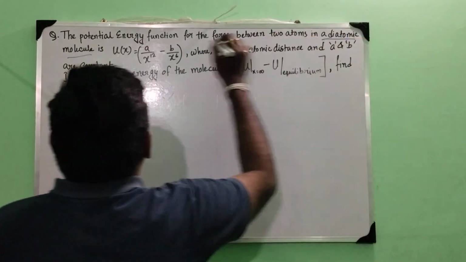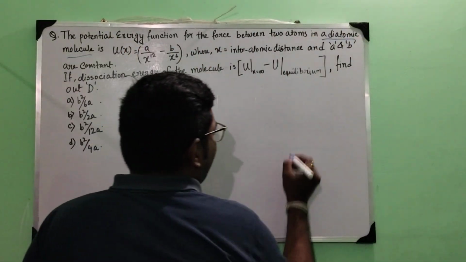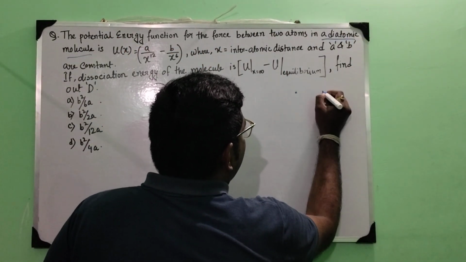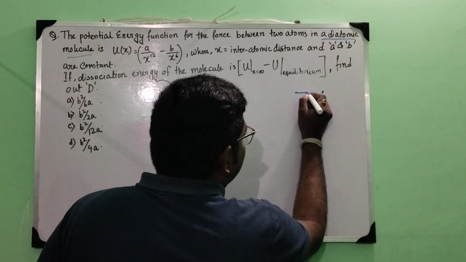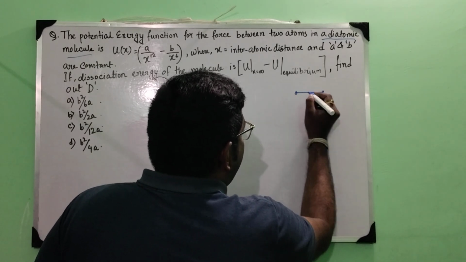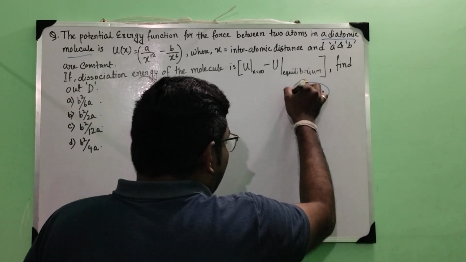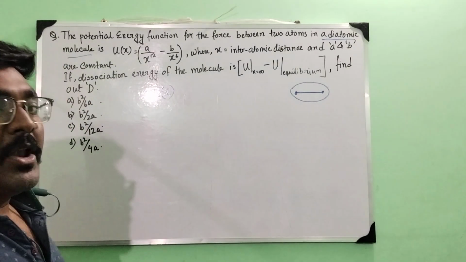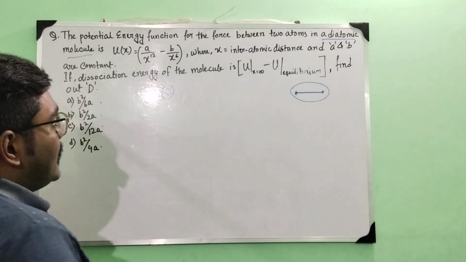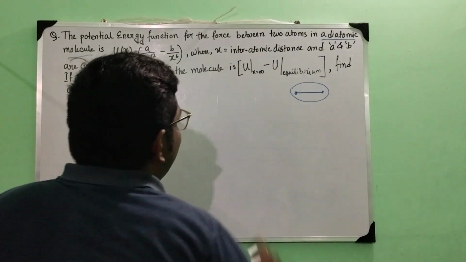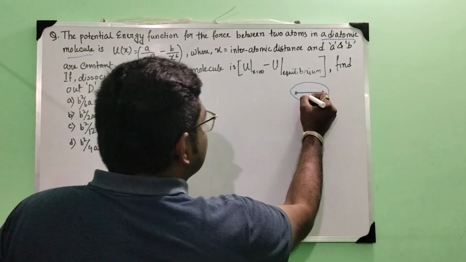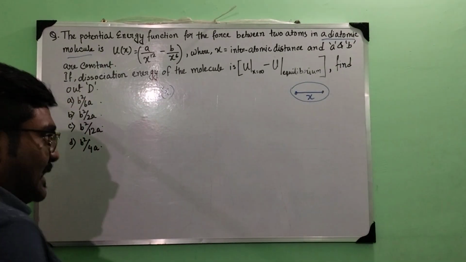What is a diatomic molecule? That means two atoms are there, and these two atoms are separated by a distance, and this system of two atoms is forming a molecule. X is the interatomic distance.